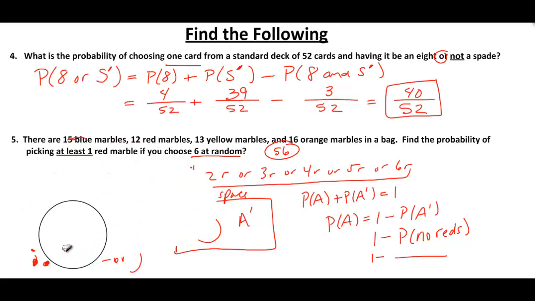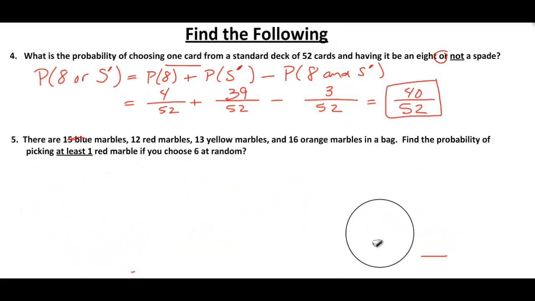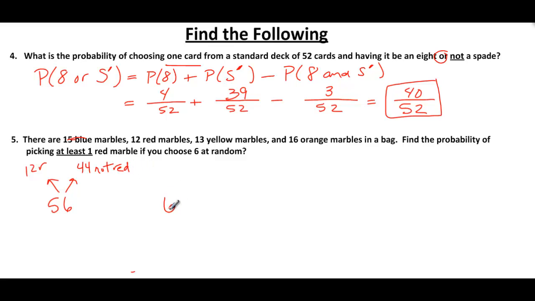So, okay, I have 56 total marbles. Of those, I know that 12 are red, which means that 44 are not red. If you remember, we did this before. If I'm choosing 6 total, and I want 0 of them to be red, that means that all 6 of them are not red.